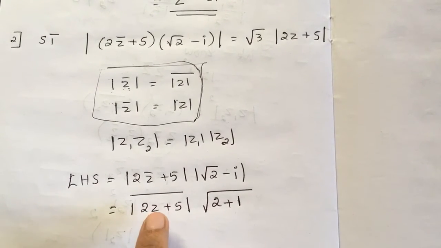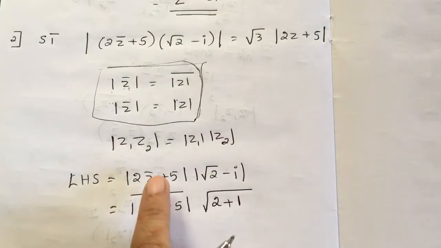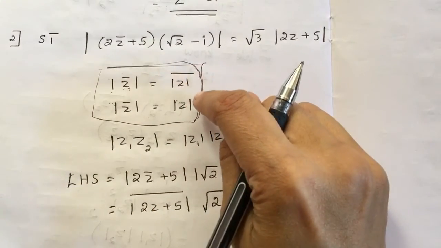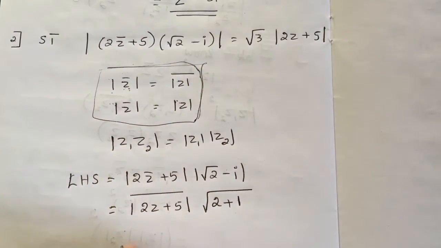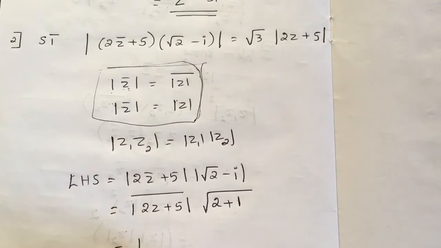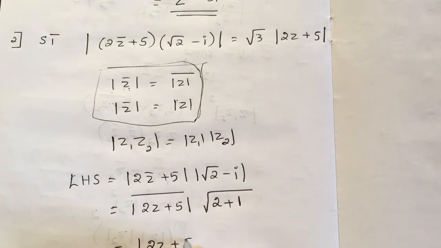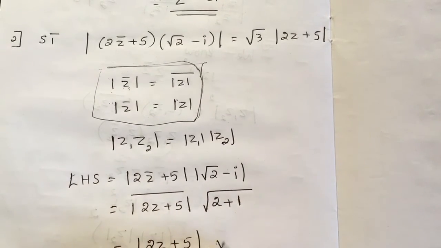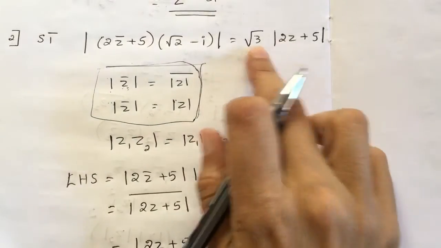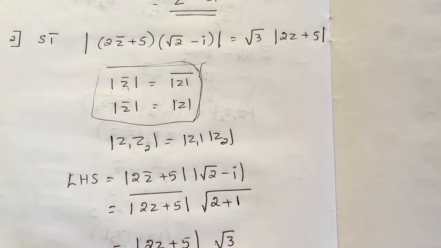Yes. Now modulus of z bar is the same as modulus of z. So this is the same as writing 2z plus 5 and this is root 3. The same thing is here, which is the same as the right hand side, root 3 into modulus of 2z plus 5.